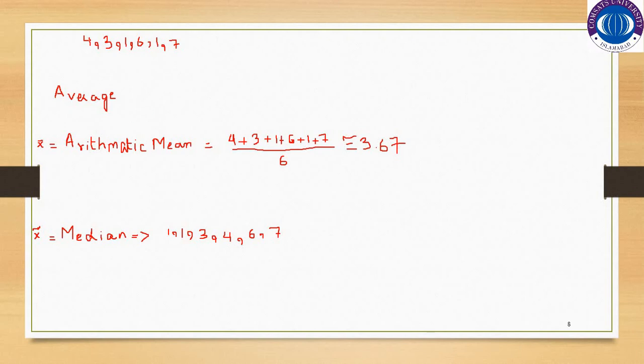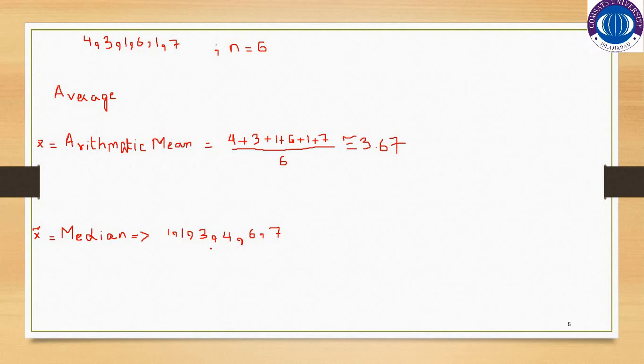For example, in this particular case, you have a total of 6 data points, 4, 3, 1, 6, 1, 7. So here you have n equal to 6. So the number of data points is even, so the median will be the arithmetic mean of the middle two data points of the data set.